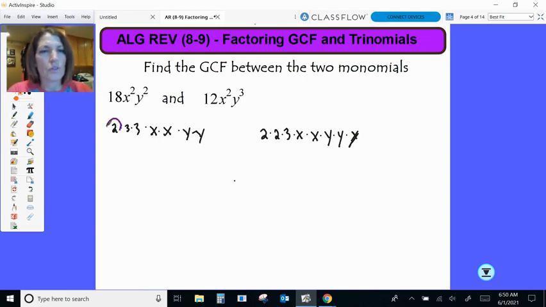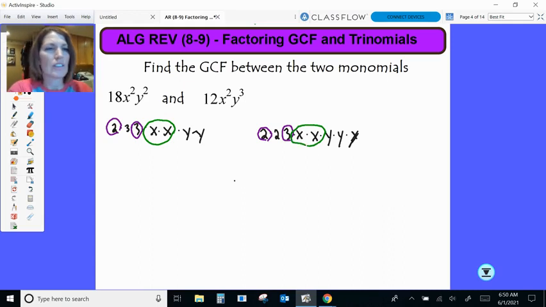We have a 2 in common, and that's as many 2's as we have in common. And we have a 3 in common. Then let's see how many x's we have in common. It looks like we have 2 x's in common. And how many y's do we have? It looks like we have 2 y's in common. So that would constitute our GCF.